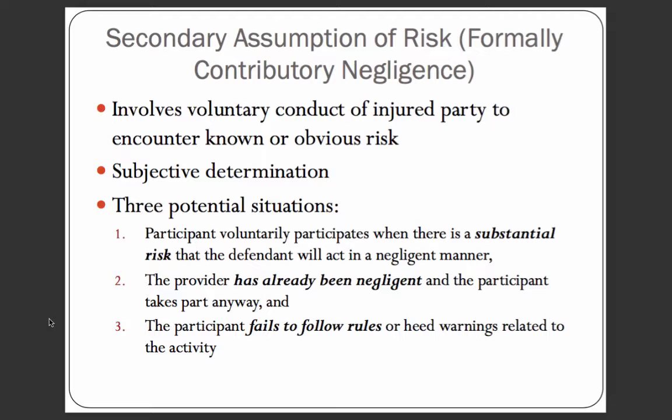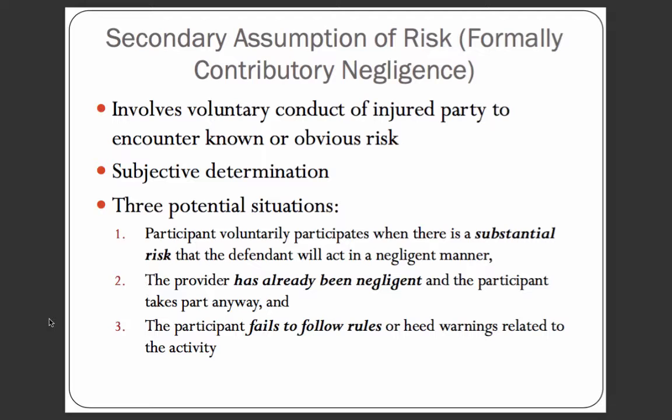The participant chooses to participate even though there's a substantial risk that the defendant will act in a negligent manner. They just say, it's okay, I'll go, I'll deal with it. The provider has already been negligent, and the participant takes part anyways, and also the participant fails to follow the rules.